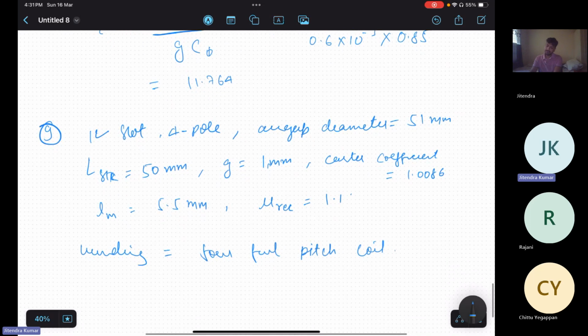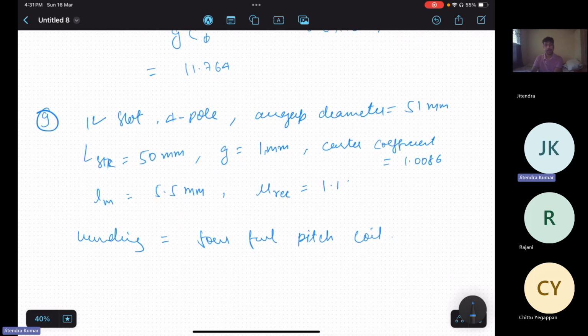Okay. Now, all of them are in series, which means that the parallel path is equal to 1. And each winding has 12 turns.